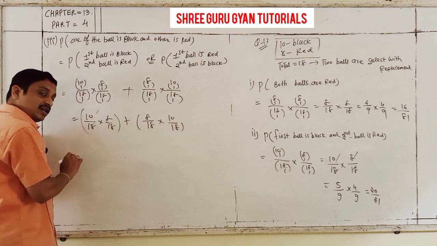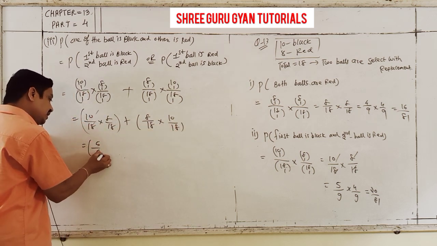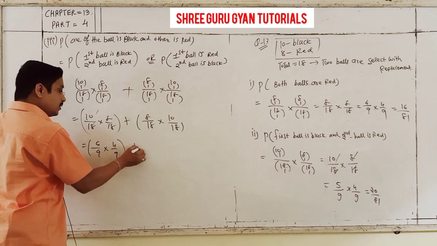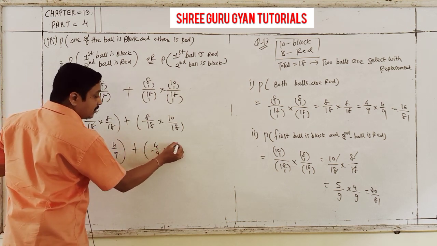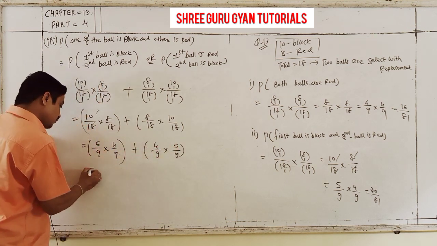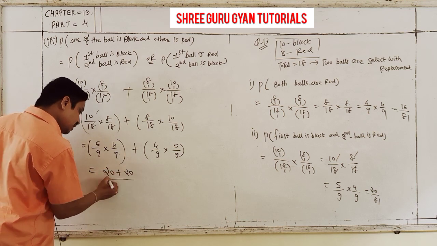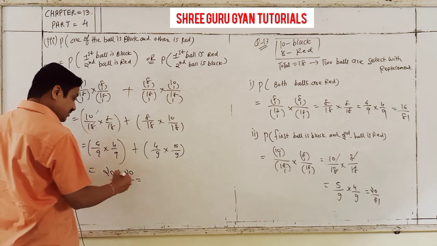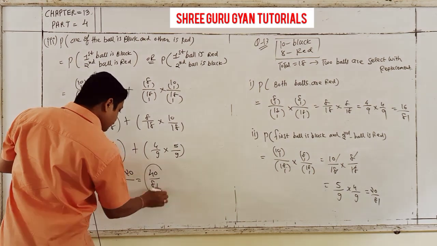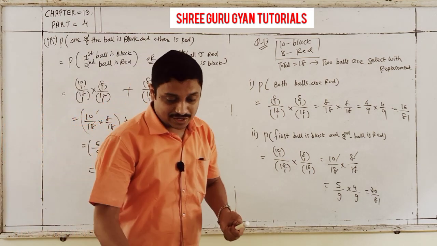Just cancelling, 5 by 9, 4 by 9 plus 4 by 9, 5 by 9. So 5 4s are 20, 20 by 81, 9 9s are 81, 40 by 81. You will get your answer.